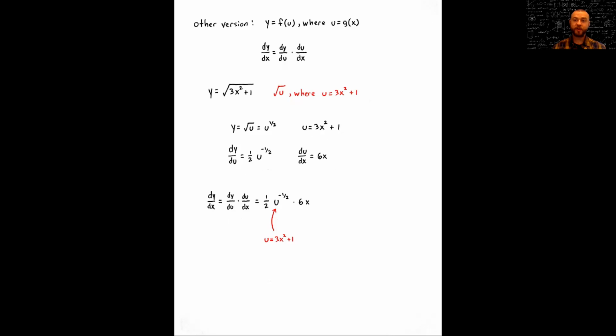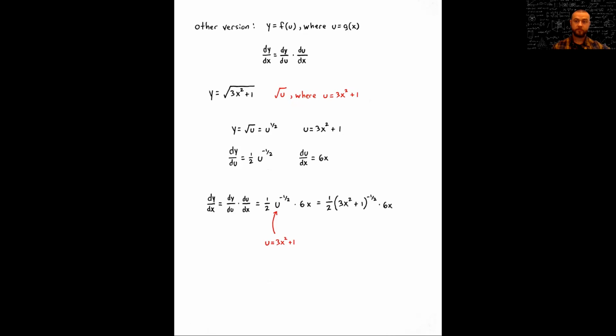And to make our answers look exactly the same, let's express our derivative only in terms of x. So we'll plug u back in as 3x squared plus 1. All right, and if we do that, we get exactly the same answer. It's just how we identify our function as a composite and different notation.